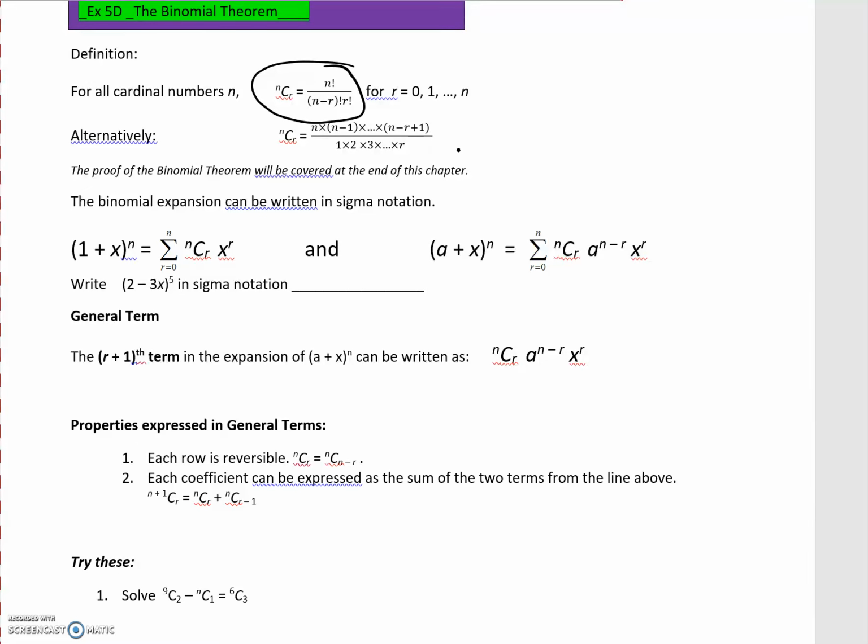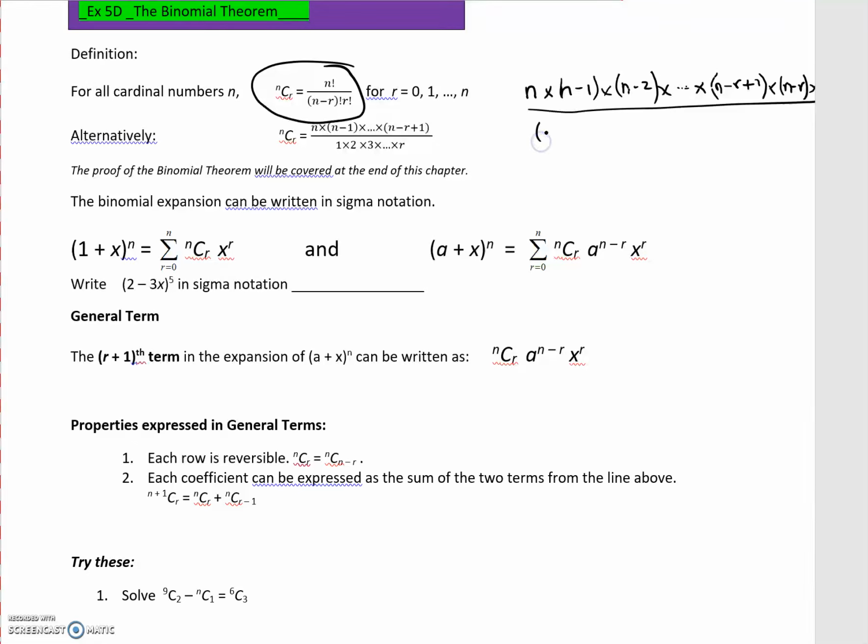This alternate way of explaining or defining it comes from n factorial being n times n minus 1 times n minus 2, and so on, down to n minus r, then all the way down to times 1.